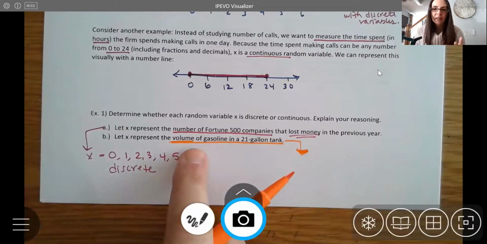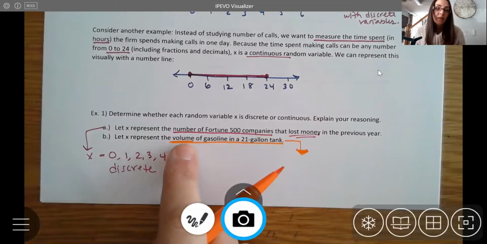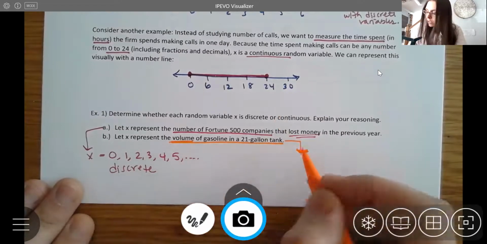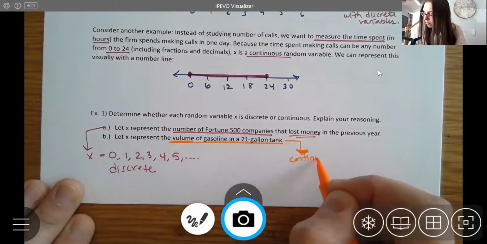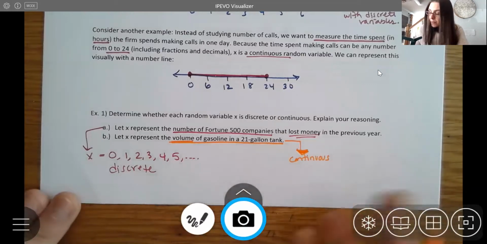But typically when we have things like that, we tend to measure and allow for those fractions and those decimals in between. So same thing for volume. We can measure volume. So in this case, this is going to be a continuous data set because we can allow for any fraction in between.